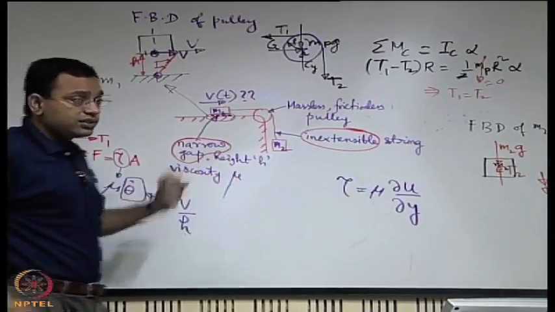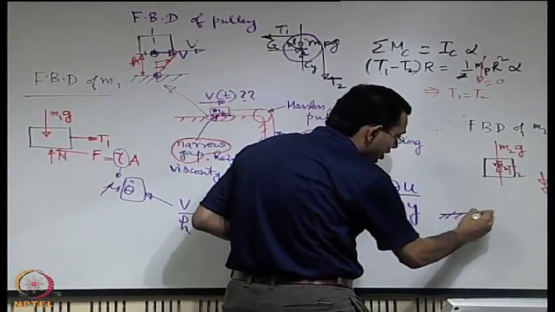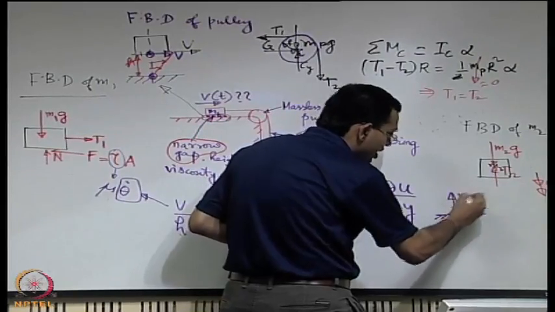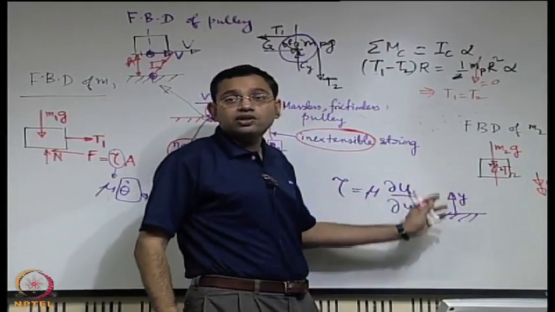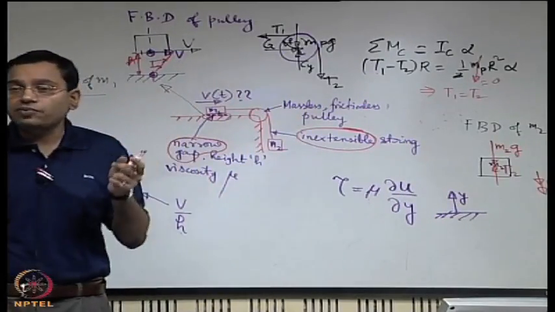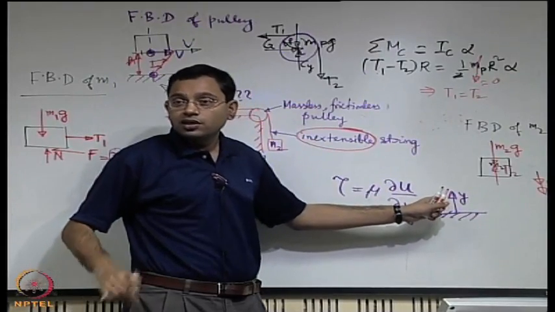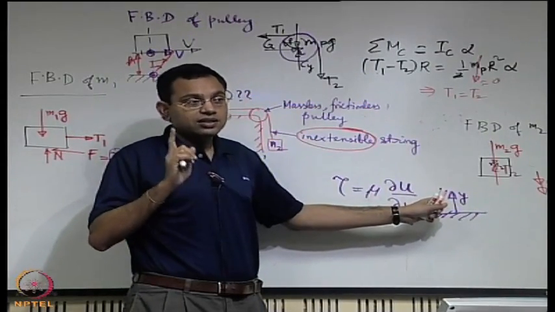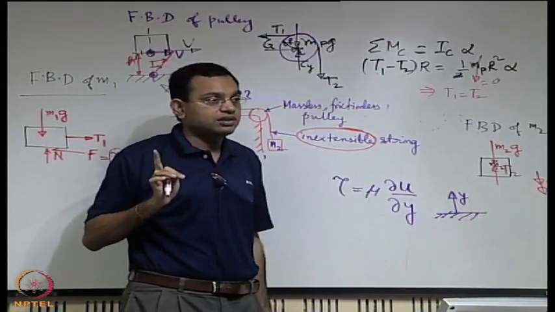And what is y? The important thing to keep in mind is that if you have a solid boundary, y is the coordinate which is normally directed outwards from the solid towards the fluid. So, y is a generic thing, it is not that any y axis you define works for du dy. This y has a special meaning: it is the axis which is normal to the surface into the fluid that we are considering.